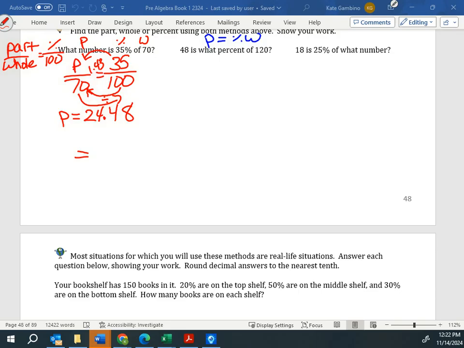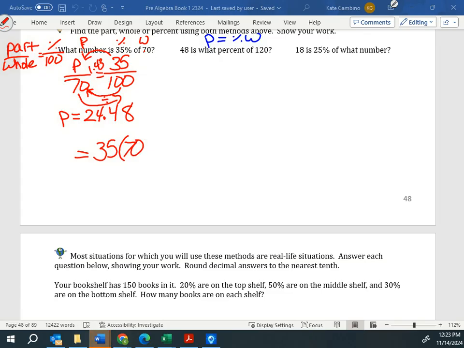So thinking up here, P was our question, percent is the 35%, whole is the 70. We're still on this one. So, it's 35 times 70. Which side of the equal sign should I put it in? So 35 times what? 70. So is it 35?